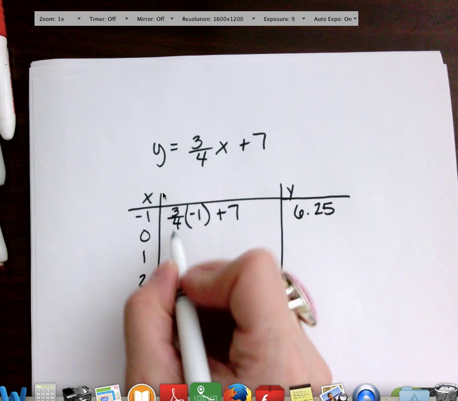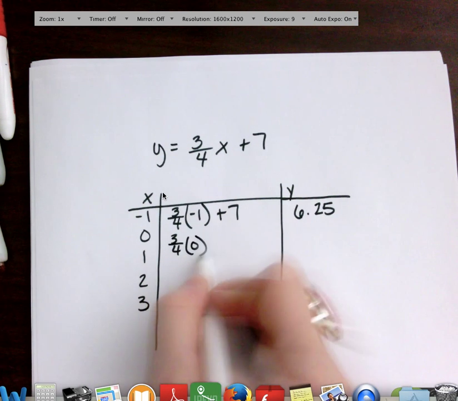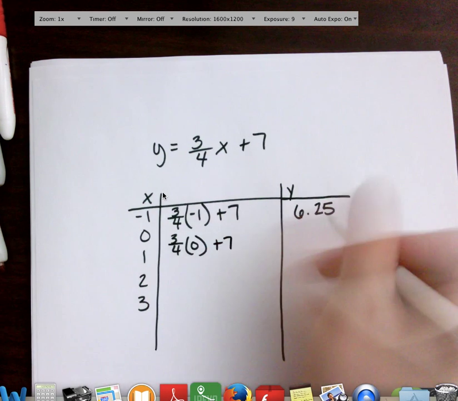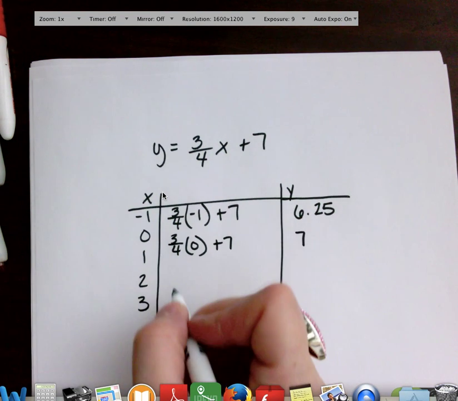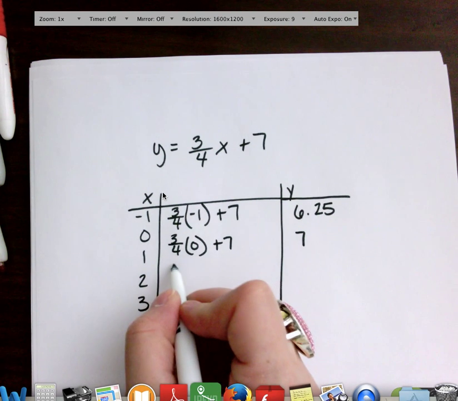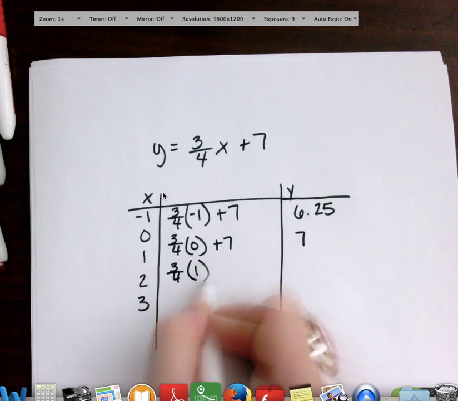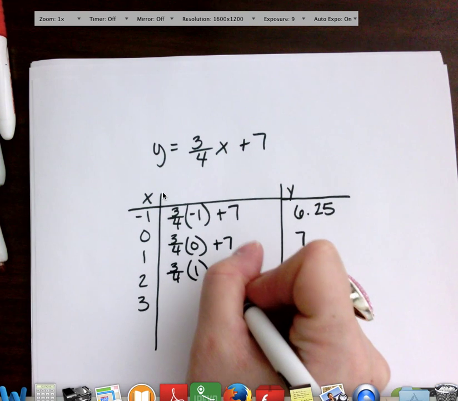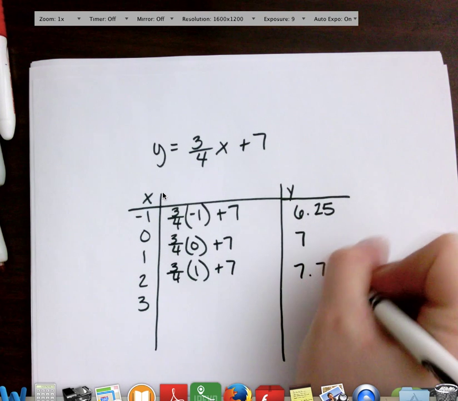If I plug in 0, so 3/4 times 0 plus 7, my y value is going to be 7. If I plug in 1, 3/4 times 1 is 3/4, plus 7 is 7 3/4, or 7.75.